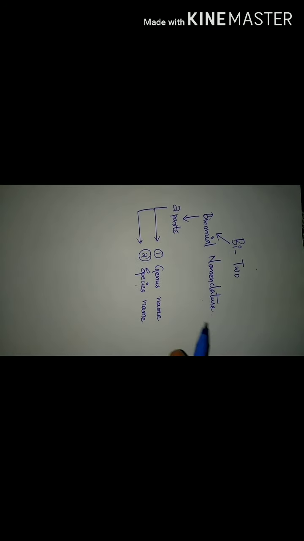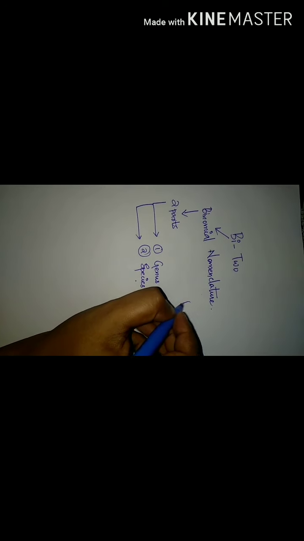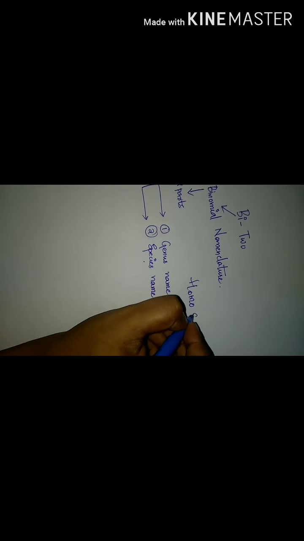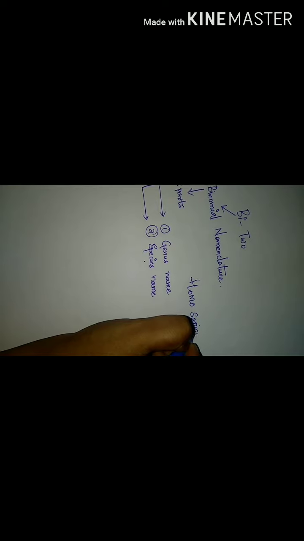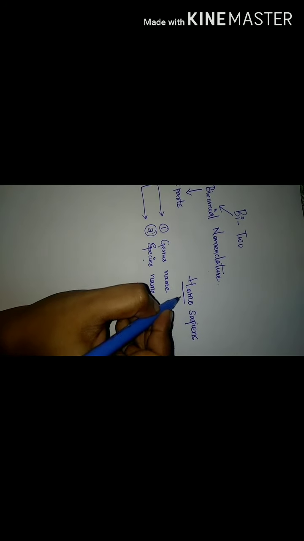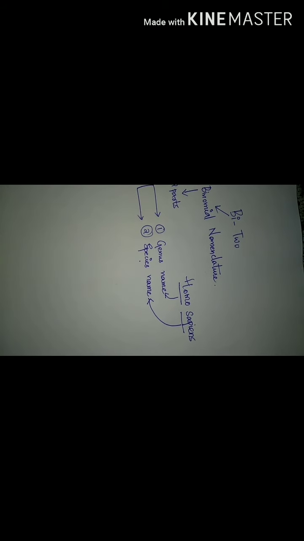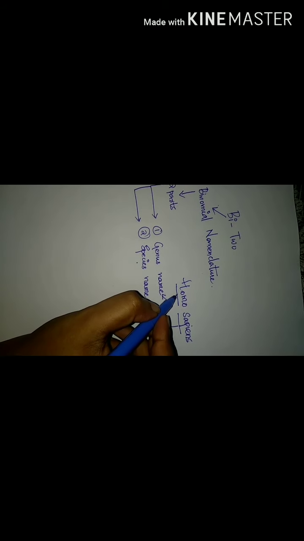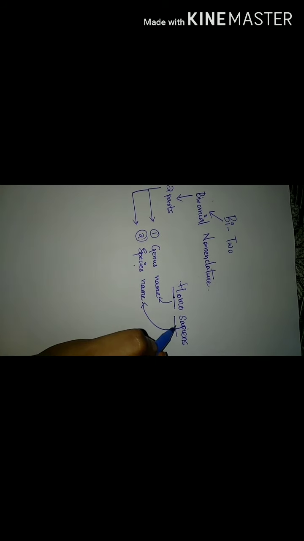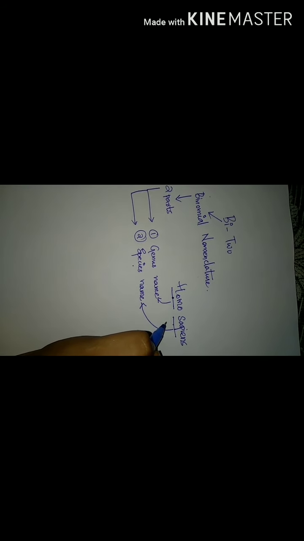If you take an example, take Homo sapiens. This Homo is the genus name and this sapiens is the species name. Right? The first part of this name includes the genus name, and the second part includes the species name.